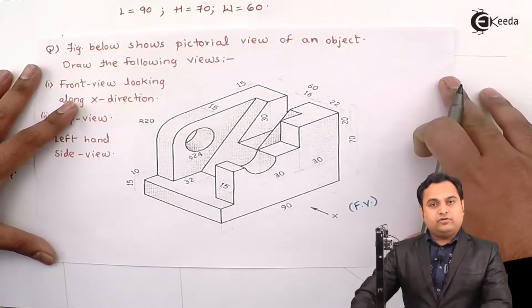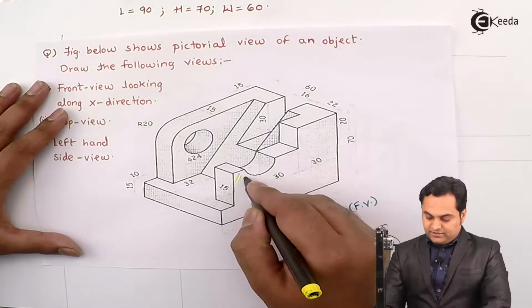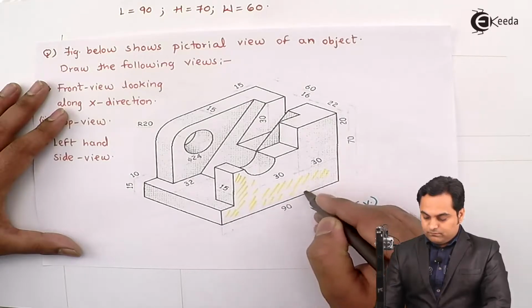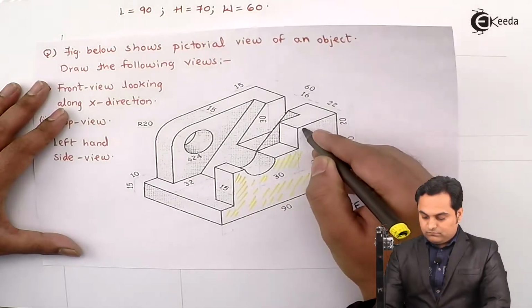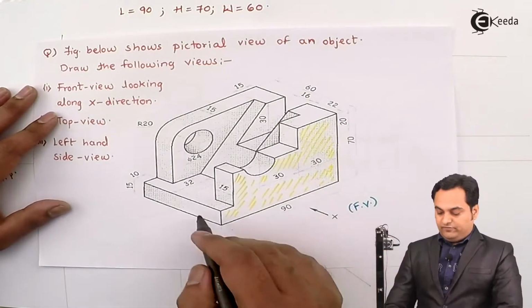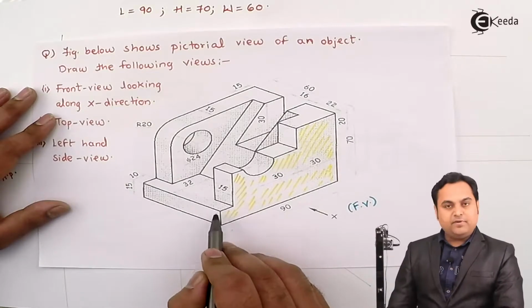Next, when I'm looking from front, the first thing which is visible to me is this entire surface. This is visible, and now I have to draw this. For that I can see that this plate is having 15 mm height.